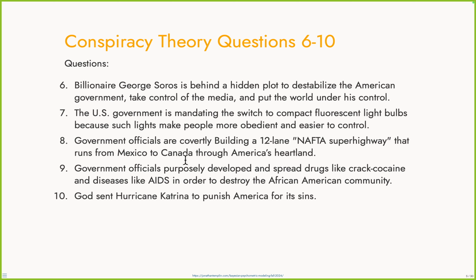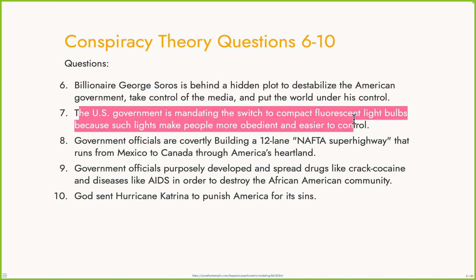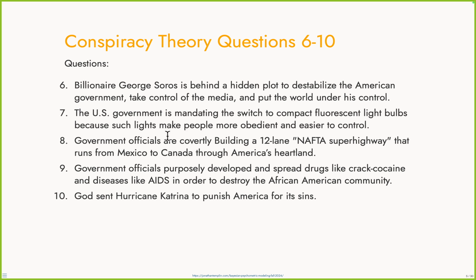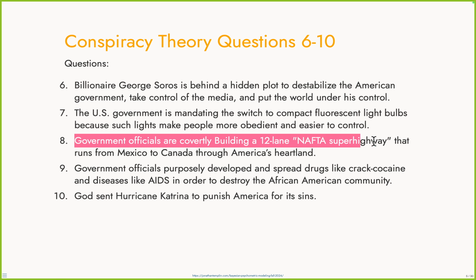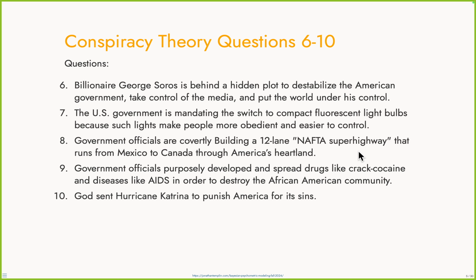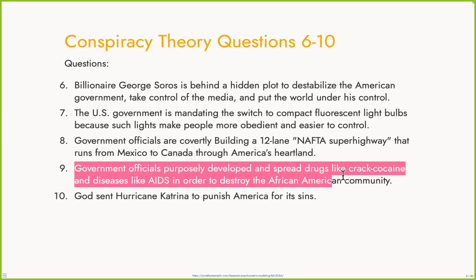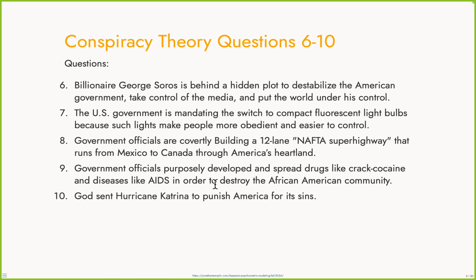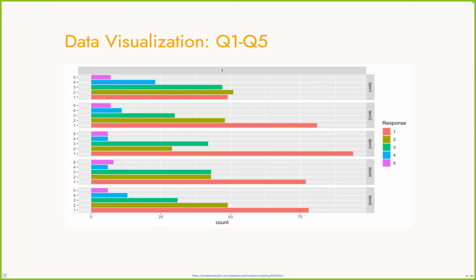Chemtrails, someone trying to be behind this, George Soros and American media. There was a conspiracy theory about fluorescent light bulbs. You ever see that one? I don't know if you've seen that one before. Or the NAFTA superhighway. That was a big concern back then as well. The 1980s conspiracy, or actually, maybe conspiracy. And then somehow using a hurricane to damage us. Anyway, I need to retire these data.